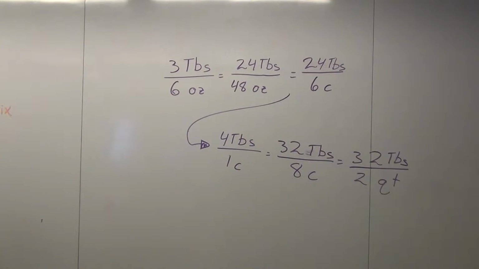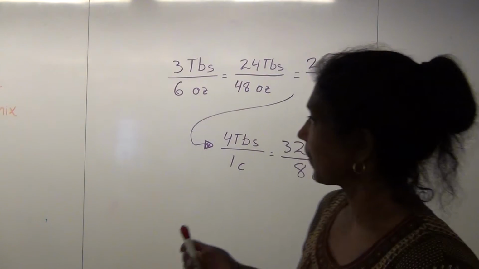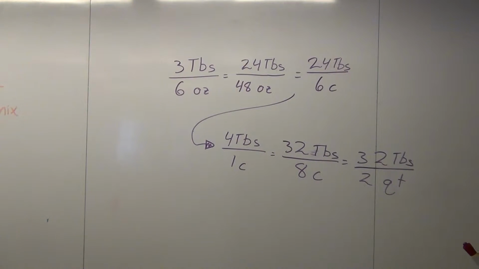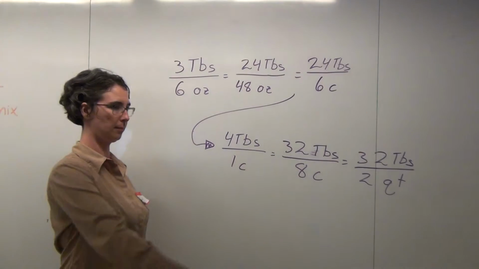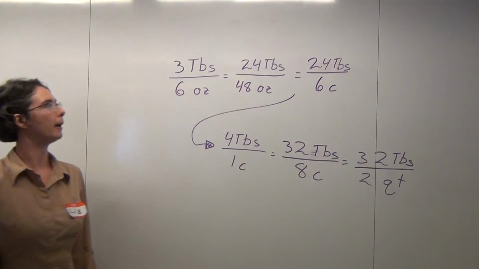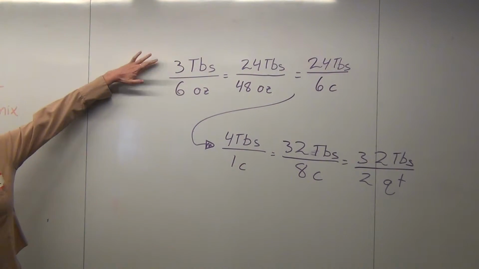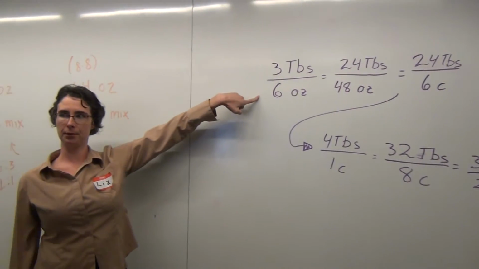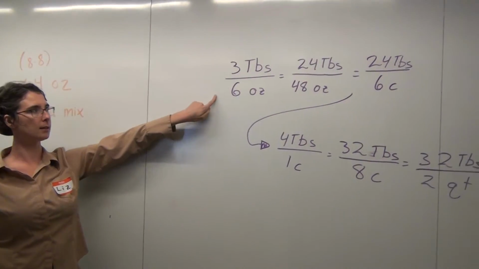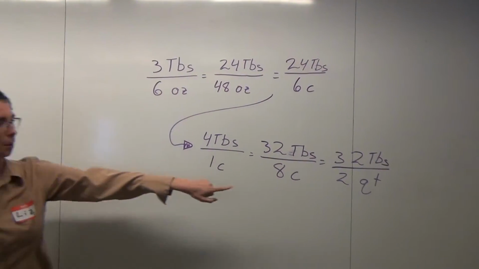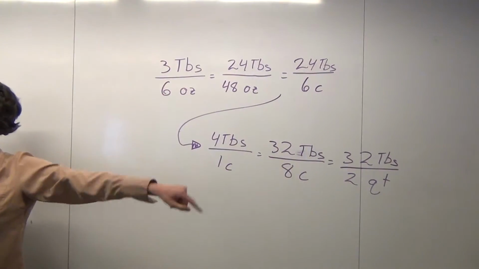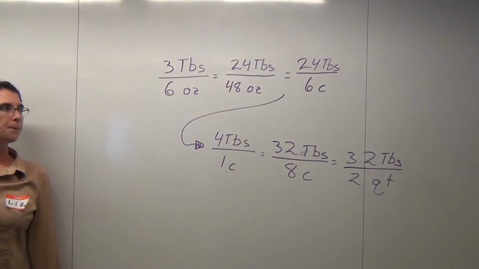Okay. And then what about this one over here? Yeah, can you come on up? Liz. All right. So first I wrote how many tablespoons per ounce and per 6 ounces. I knew that my end goal was quarts, but to get to quarts I'd have to go through cups, pints.